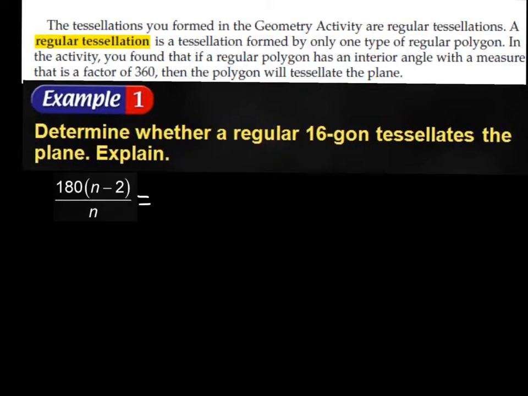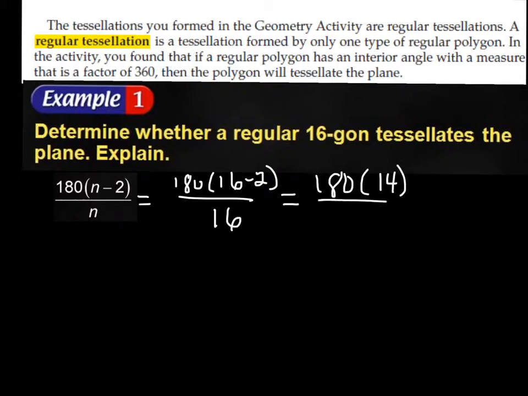So we're going to pull out our formula for the interior angle of a regular polygon. We're going to have 180 times (16 minus 2) divided by 16. 180 times 14 divided by 16 is 157.5.